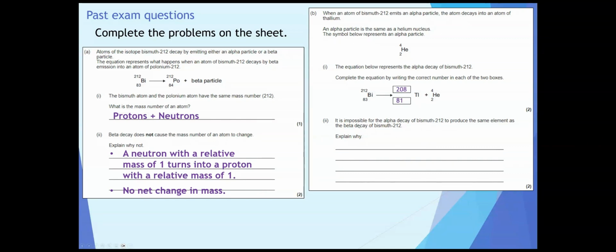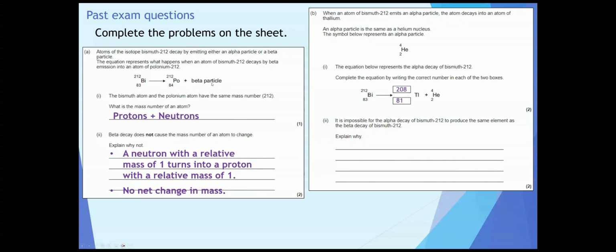It says it is impossible for alpha decay of bismuth 212 to choose the same element as the beta decay of bismuth 212. So if we take bismuth here, its original atomic number is 83. Now with alpha decay, that number will decrease by 2 because it loses 2 protons, so it goes down to 81, and that will become a different element to 84, which is polonium.